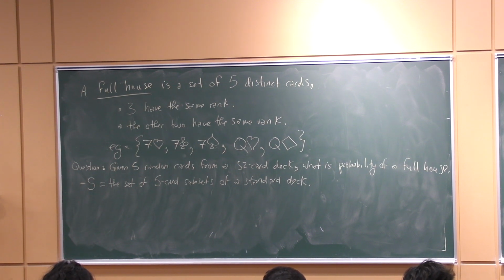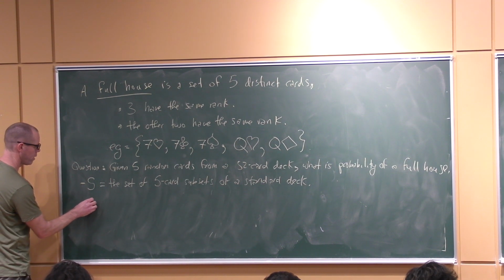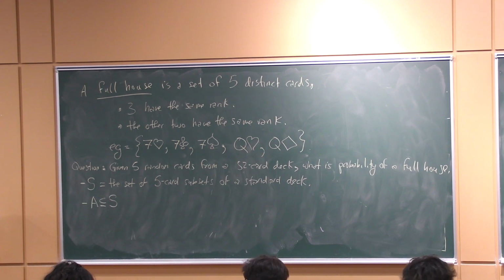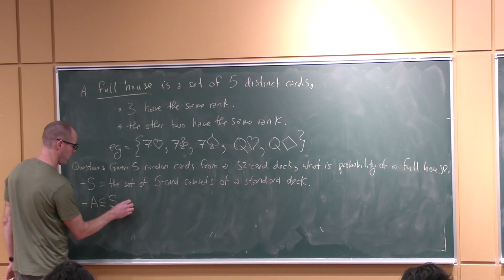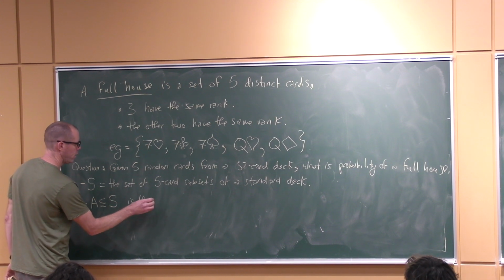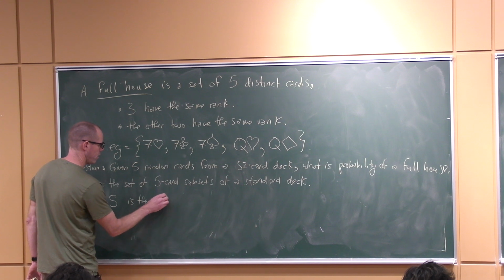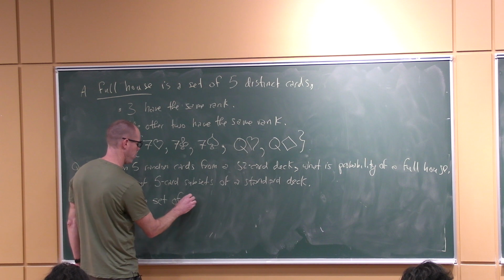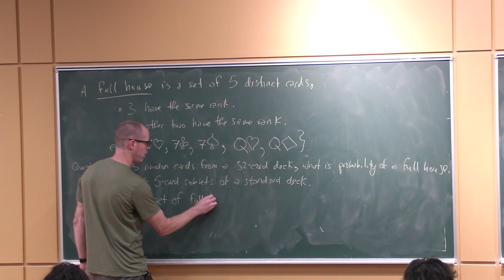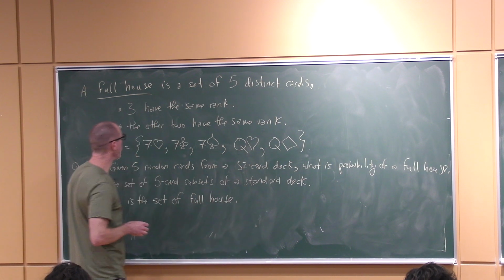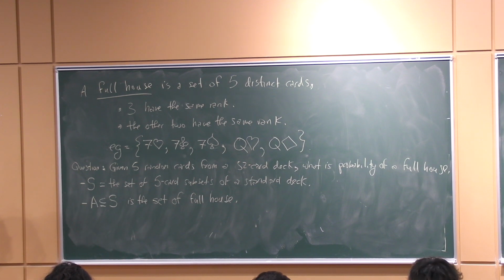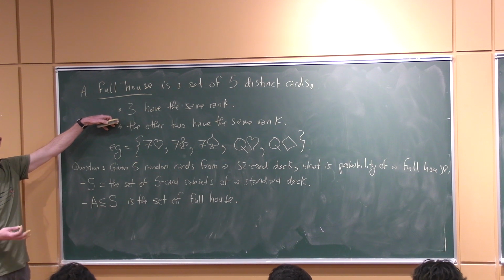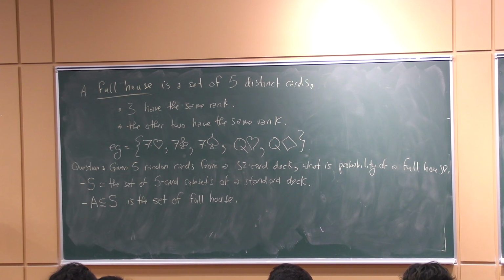And a subset of S is the set of full houses. So those are the 5 card subsets that have 3 of the same rank and the other remaining 2 of the same rank. All right.